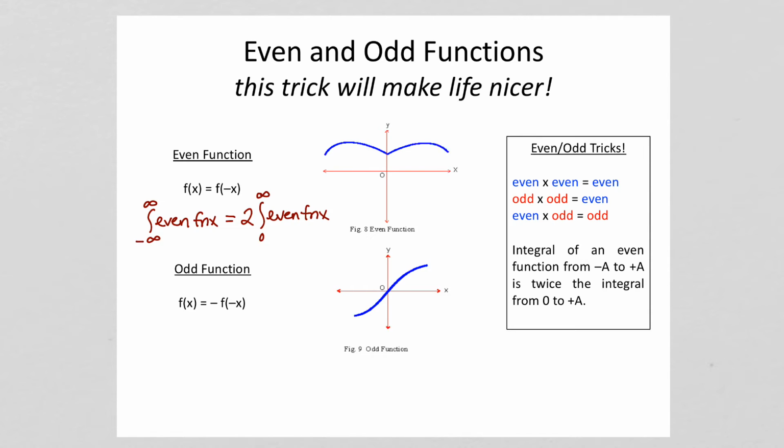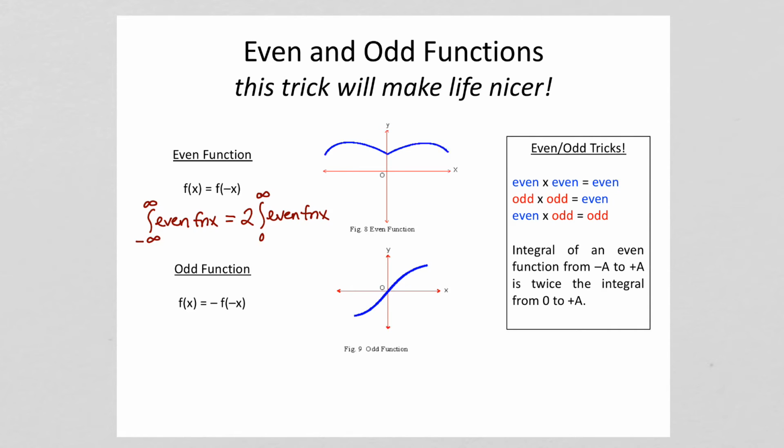Okay, enough about even functions. Odd functions are even better. So, odd function definition here. We get a positive value for our function when we have a positive value for x, and then a negative value of our function when we go to the negative values of x.